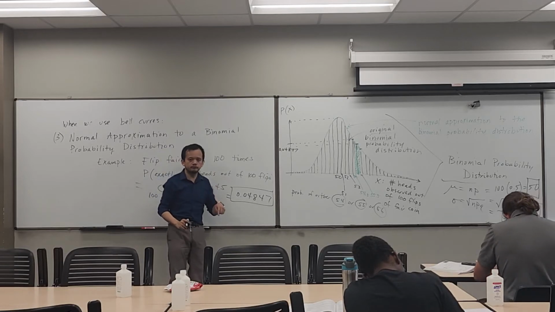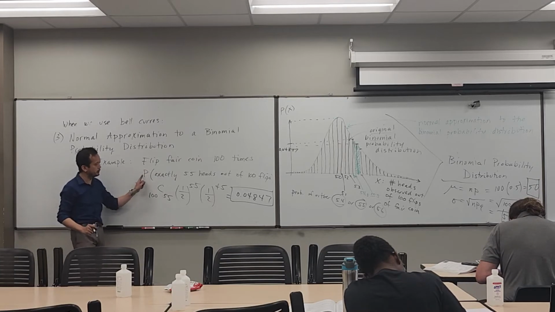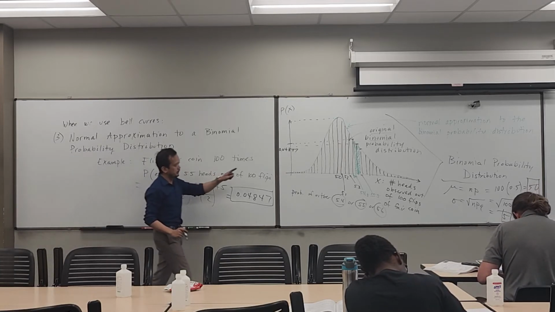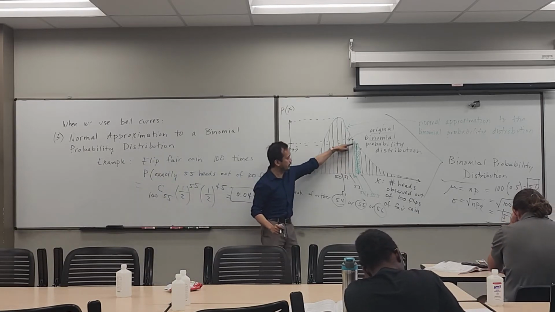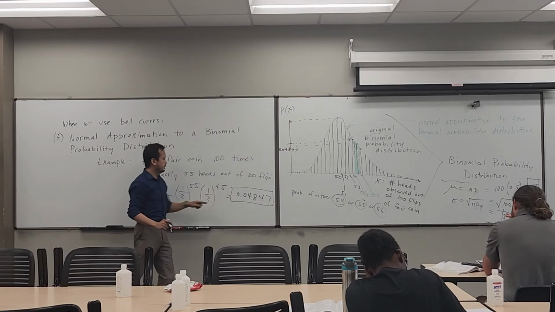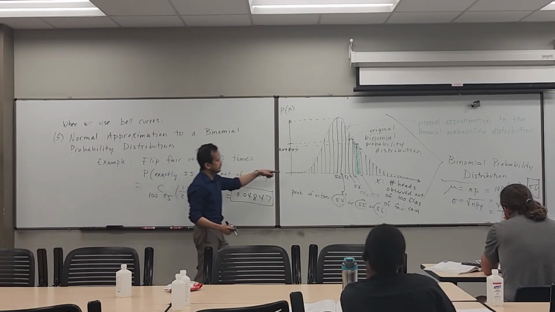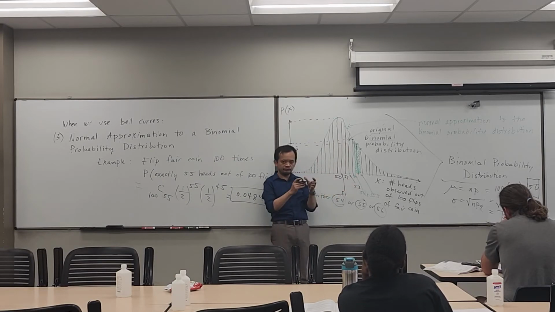So now we're going to approach the same problem of finding the probability of exactly 55 heads. The first time, we essentially found the height of the bar at 55 using this formula. The new approach is we're going to fit a bell curve and find the area around 55 of 0.5 in either direction.